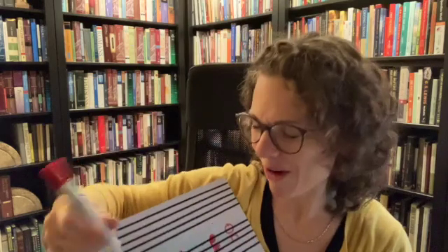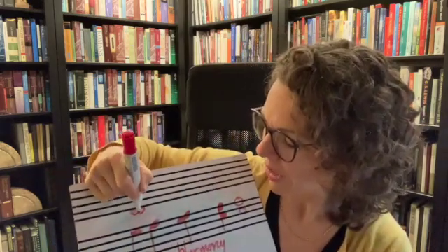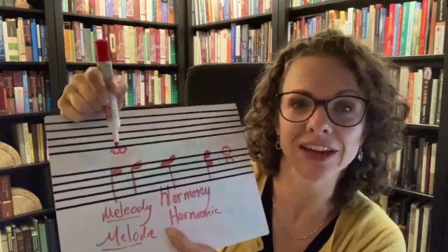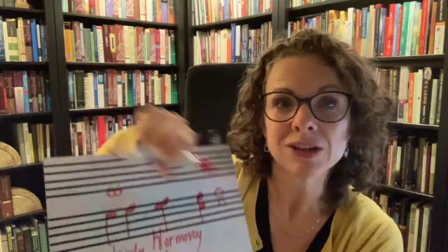Now, a harmonic interval that's a perfect unison is when the notes are touching, and often we will see this in our music with a fourth finger and an open. So you're playing them at the same time, but they're sounding the same. So that is a harmonic unison, okay?